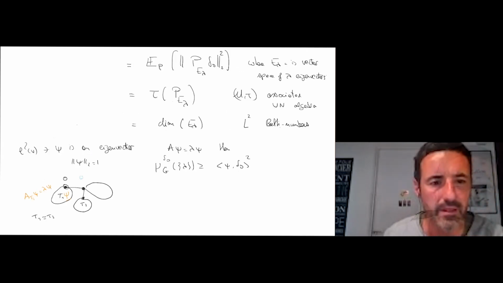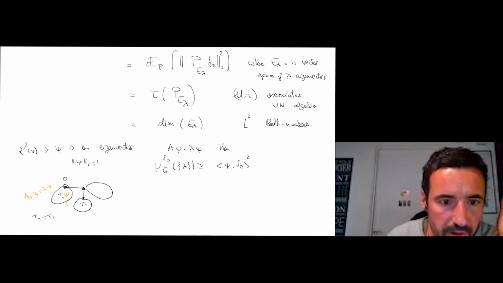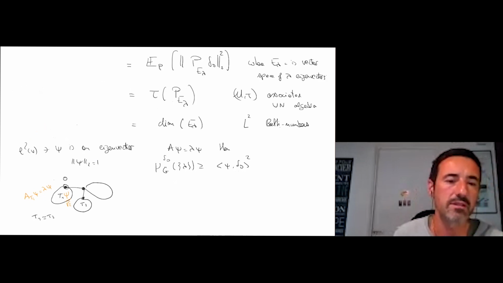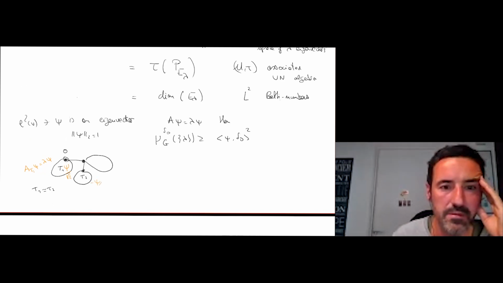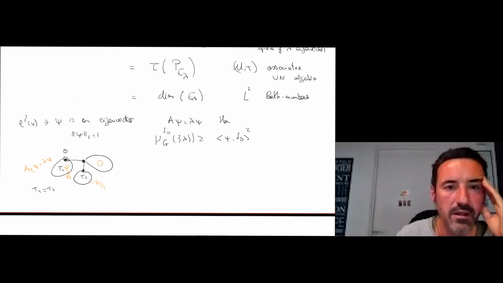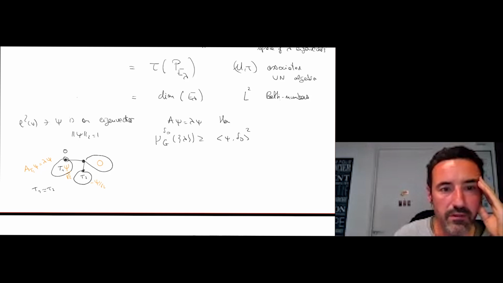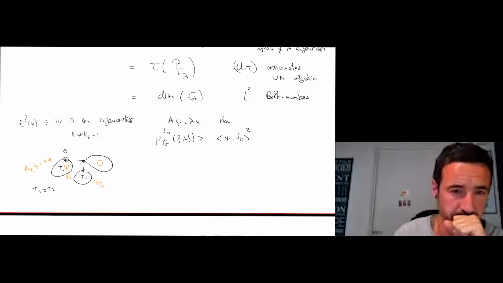So if you have a vector, you put here psi over square root 2, and here you put minus psi over square root 2, and here you put the vector all 0. You will see that you have the eigenvector equation here, and since you have put psi and minus psi, you also solve the eigenvector equation at the root. So this vector will also be an eigenvector.